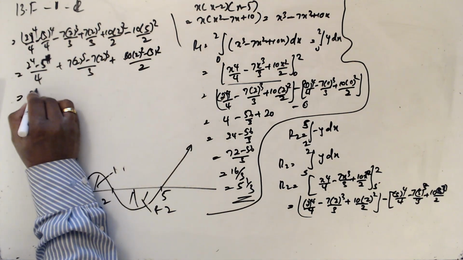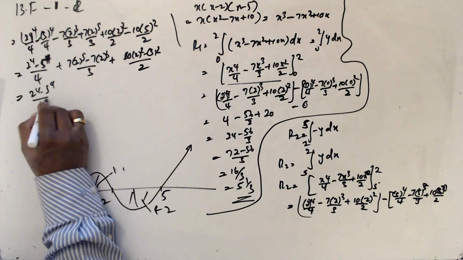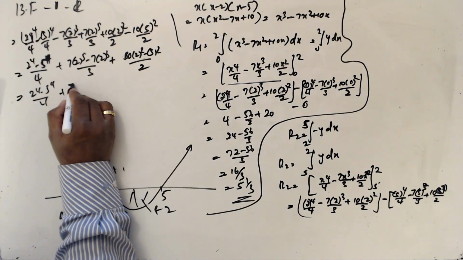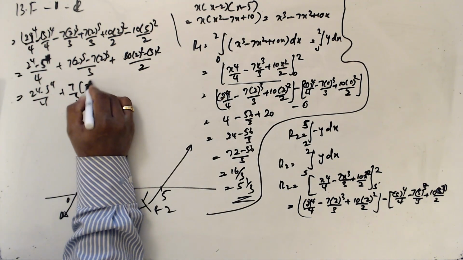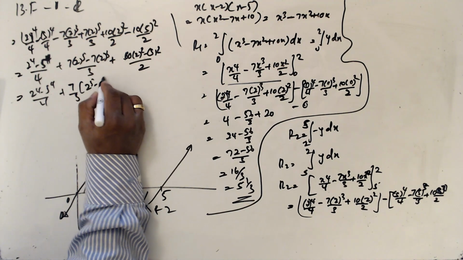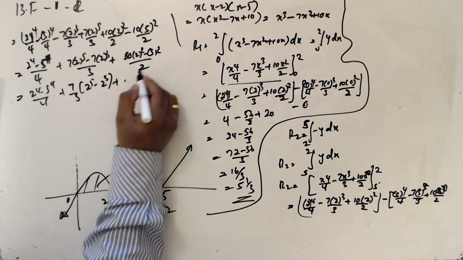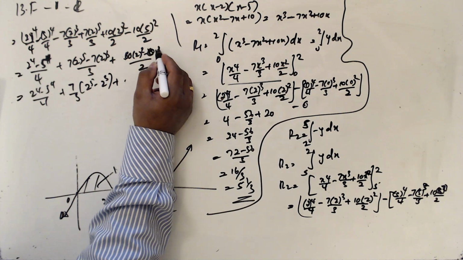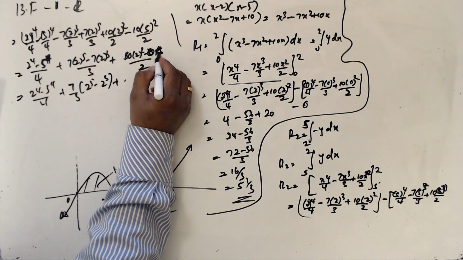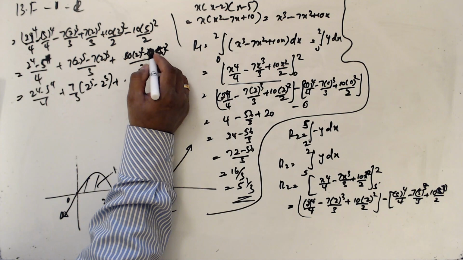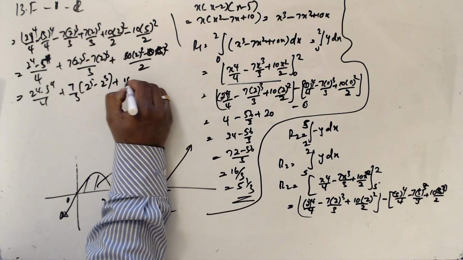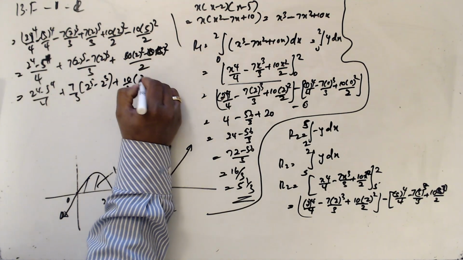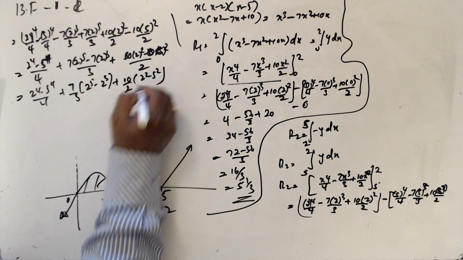So this is 2^4 minus 5^4 over 4. This is 7 over 3 times 5^3 minus 2^3, and I can take 10 over 2 times 2 squared minus 5 squared.